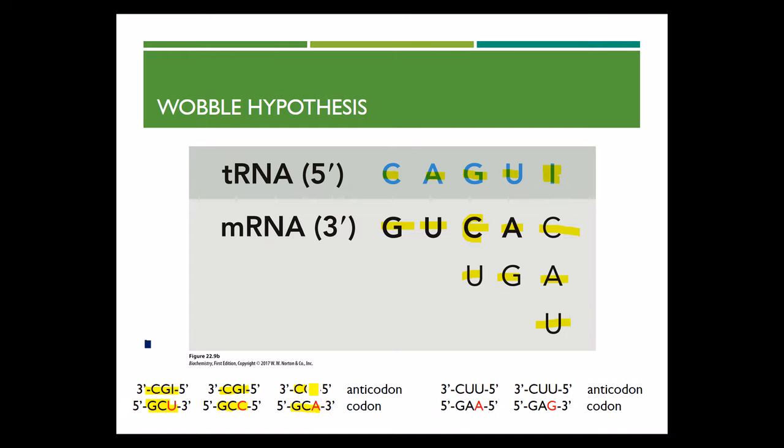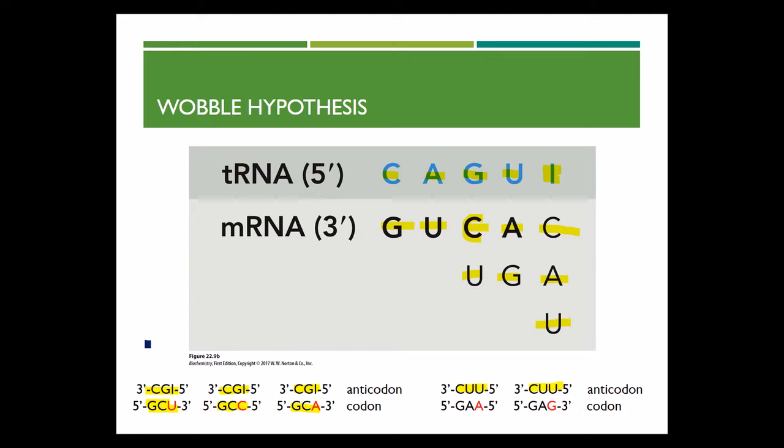In another example, the anticodon for a glutamyl transfer RNA is UUC, again reading that 5 prime to 3 prime.